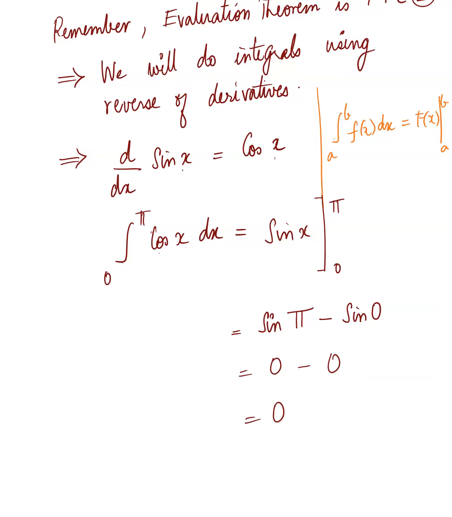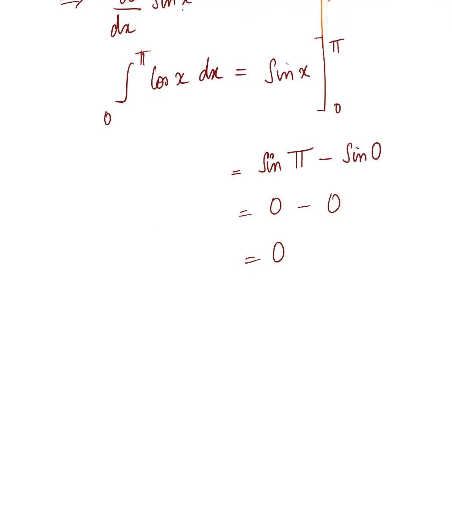Why is it 0? Think about it. We'll get back to it shortly. There is a reason why it shows up as 0. Meanwhile, let's just focus on the evaluation theorem here. And so the next question is given to be this.